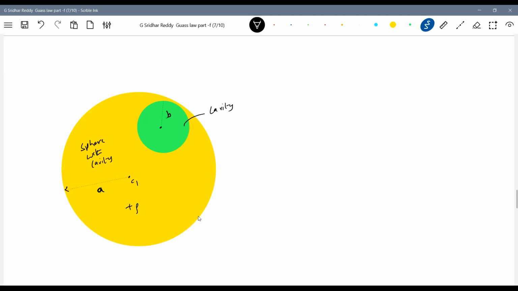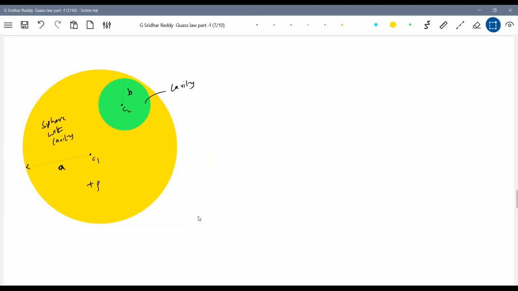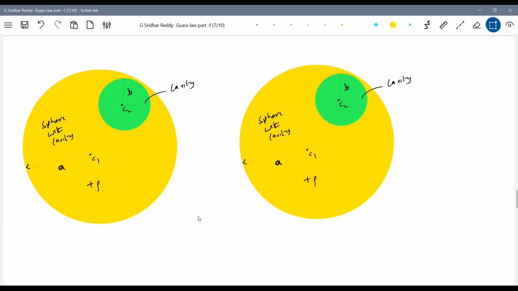Here, let me call this C1, C2. Again, the formula is the same. You need not bother. So if they give a question of this kind, what do we do now? I'll show the vector method, the way of this one. So I'll erase all these things.